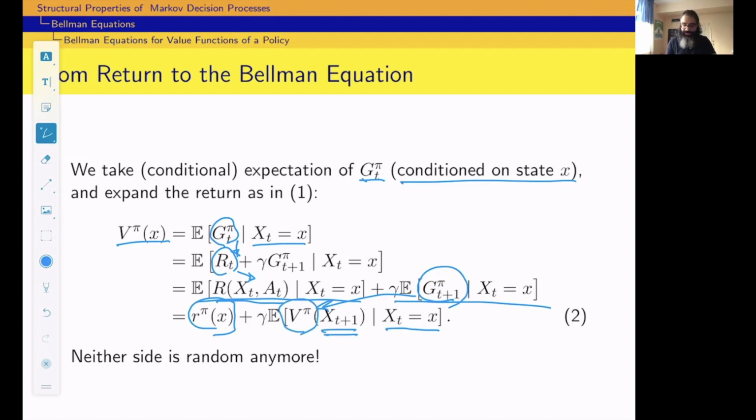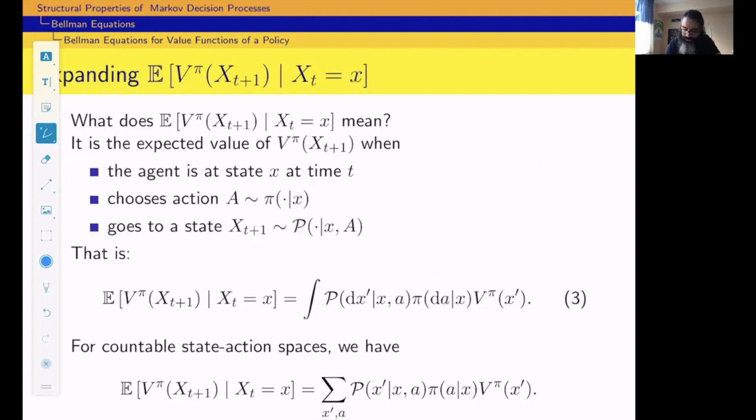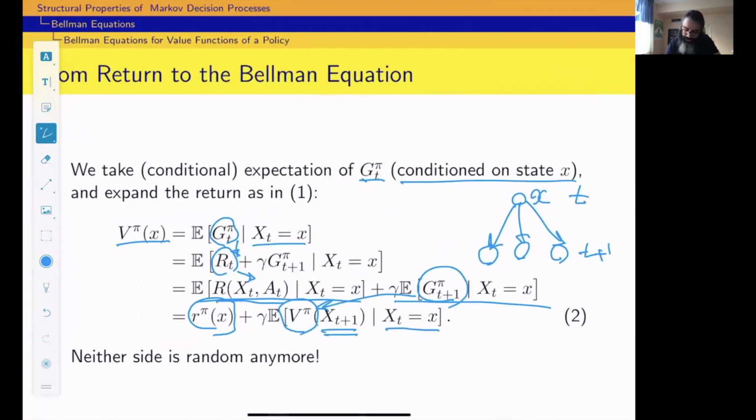You can think of it like this: if we are at state x at time t, we may go to some other state at time t plus 1, and then we observe the value at each of these points.